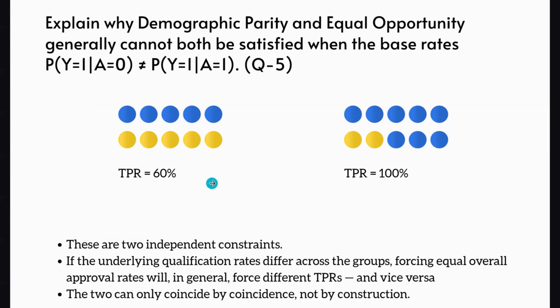For example, let's say that there are 10 candidates, and 5 of them, the 5 yellow ones, are worthy in group A. There is group B, where there are 10 candidates, and only 2 of them are worthy. You, as a hiring model, need to select 3 candidates.